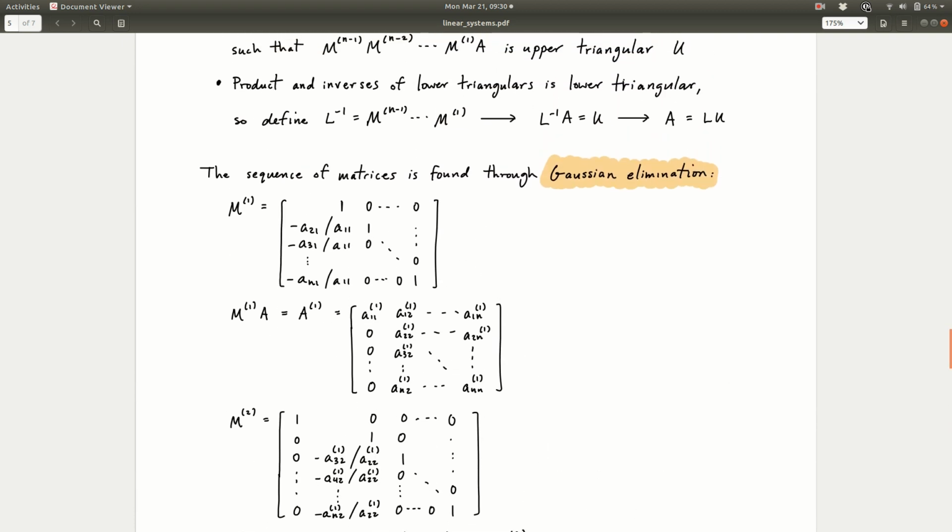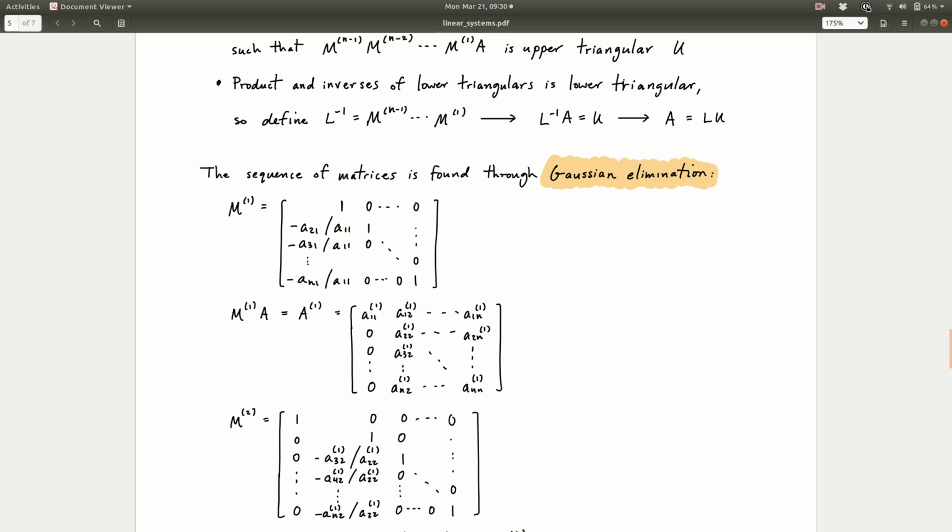Let's just look at the first one. If the matrix A had a 0 in the 1,1 entry, then we are totally out of luck, because we can't even form the first matrix M1. We would try to do minus A21 divided by 0, and we would be stuck, because you can't divide by 0.